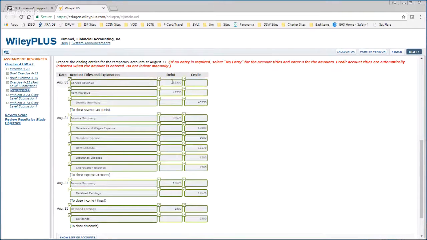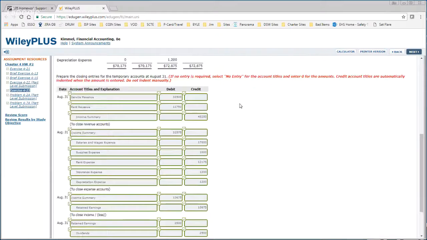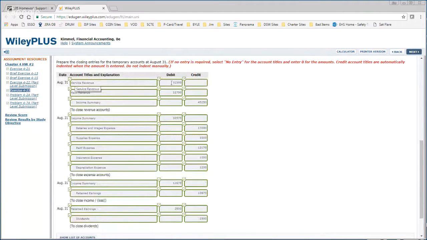I'm not sure exactly why some things go in debit, why they go in credit the way they do here. I'm still trying to figure that out. But anyway, service revenue $32,500, rent revenue goes here, and then you create this income summary by adding those two together. So that's how you get a balance here.